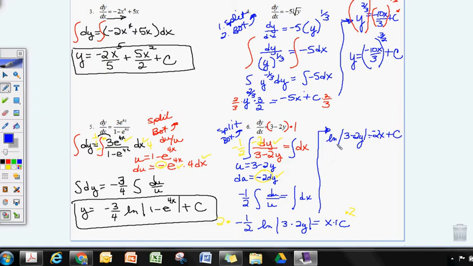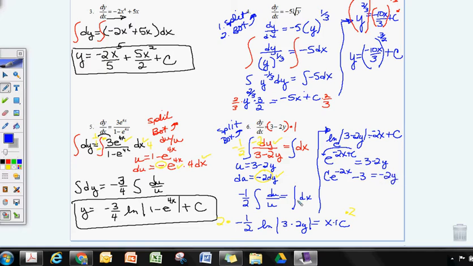Okay, remember there's an e here, so I can rewrite this as e to the negative 2x plus c equals the 3 minus 2y. Remember, the c automatically comes down in front, so ce to the negative 2x subtract 3 would equal negative 2y. We did a couple of things there.